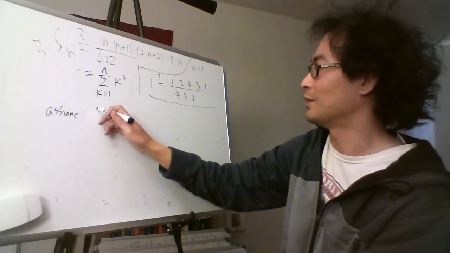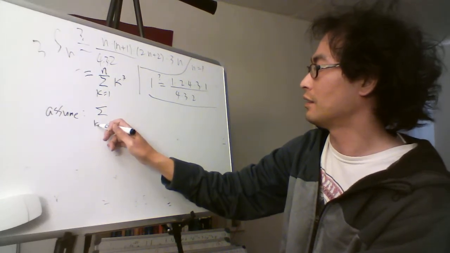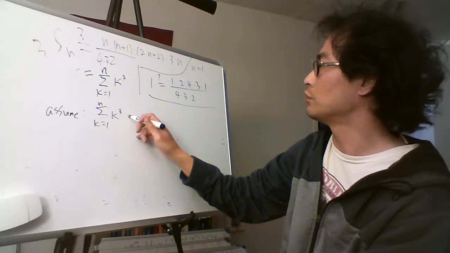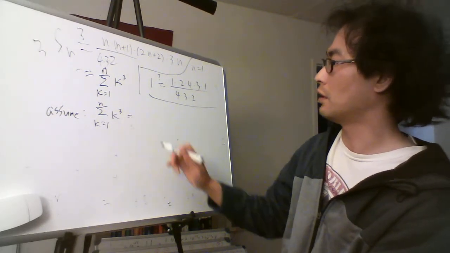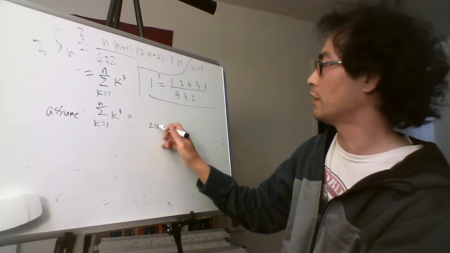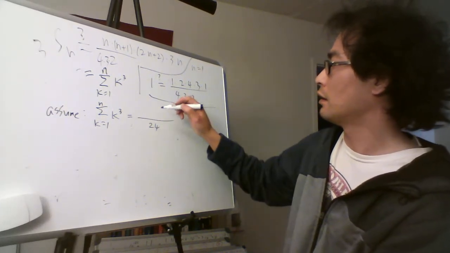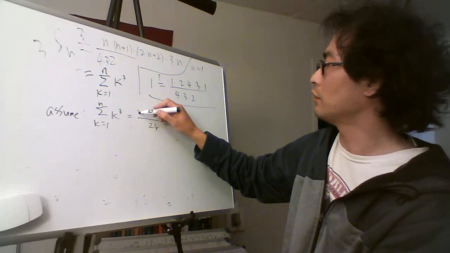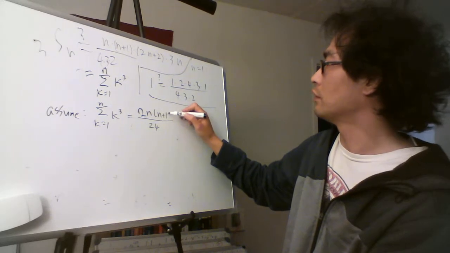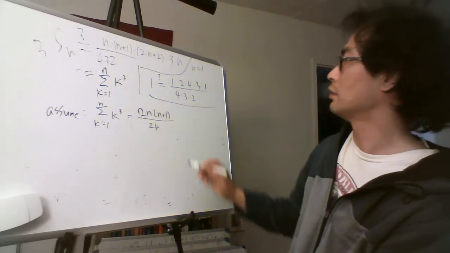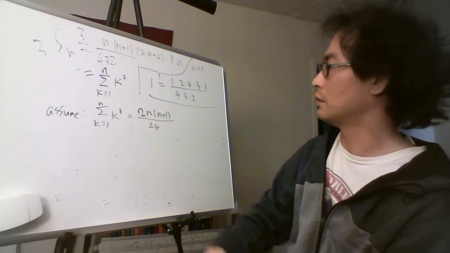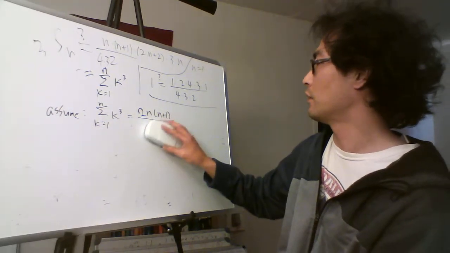So sigma k from 1 to n, k cubed is equal to what? 24, right? And 2n, n plus 1. Actually, we can simplify this further.